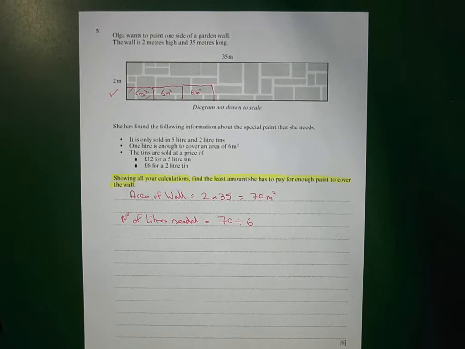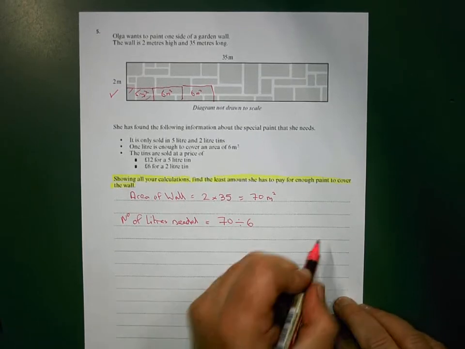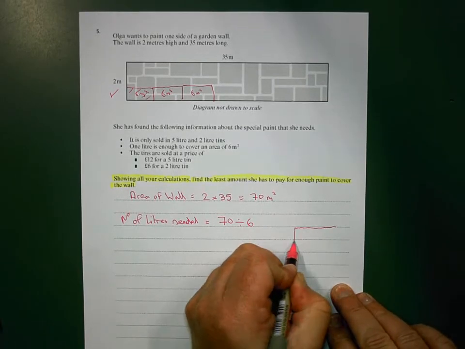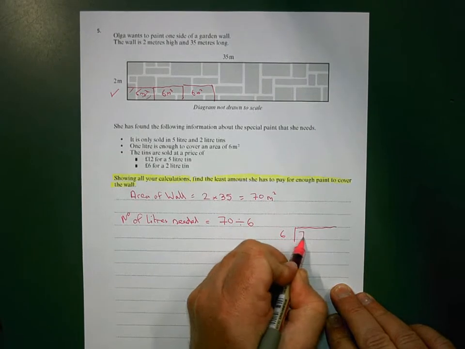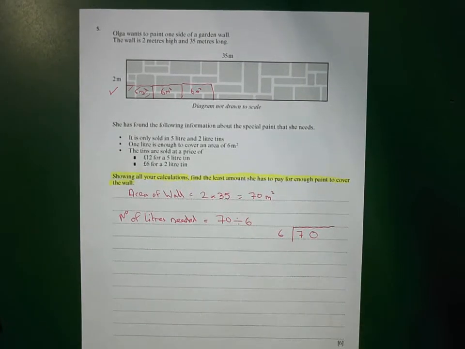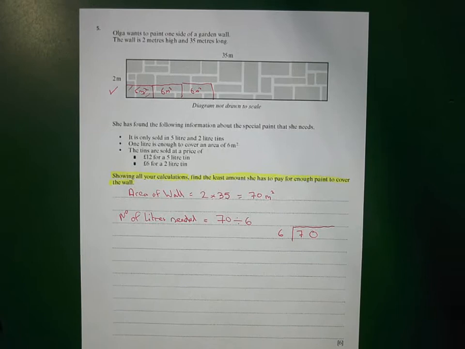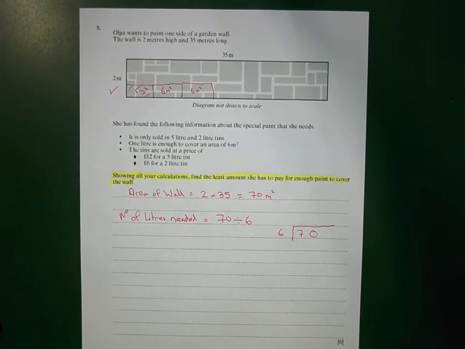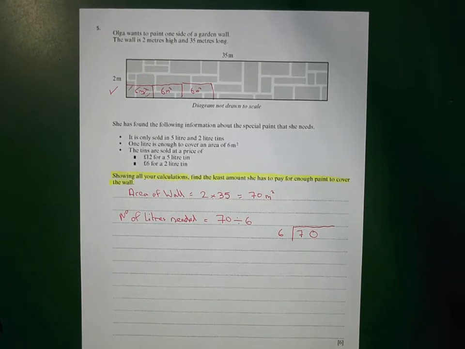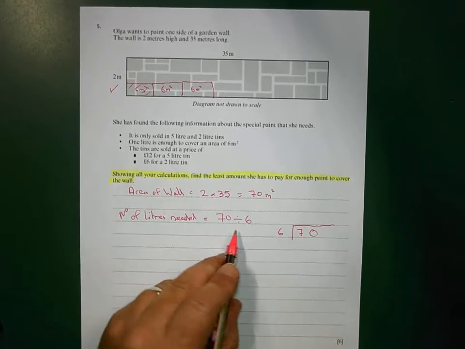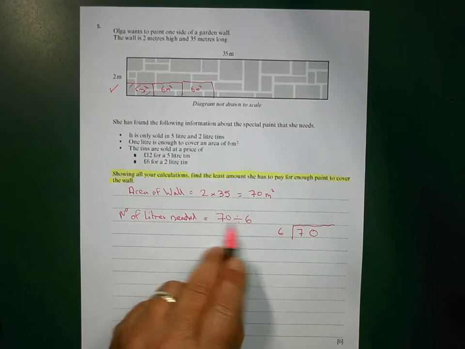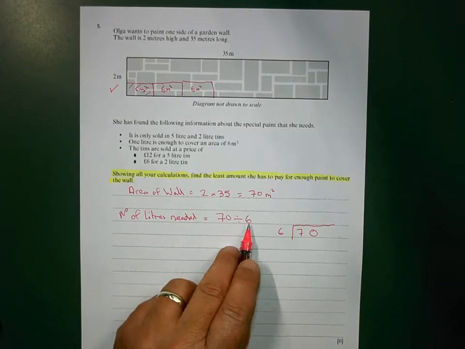And then we're back to primary school, because we're on a non-calculator paper. So we've either got to do a division like that, or you're going to rattle through your 6 times table. 10 6s are 60, 11 6s are 66, 12 6s are 72. 11 isn't going to be enough, so I'm going to need 12 litres of paint.